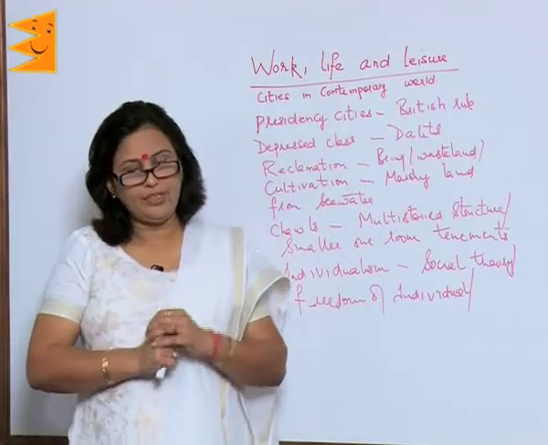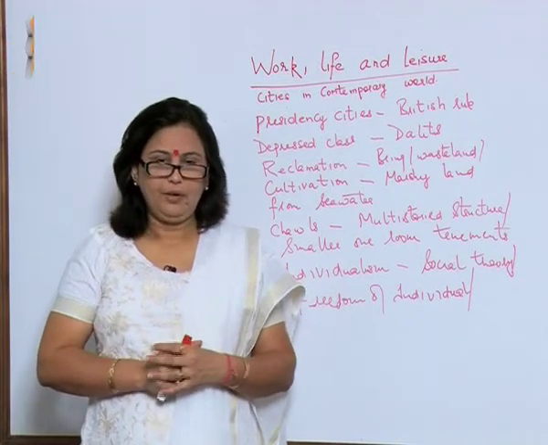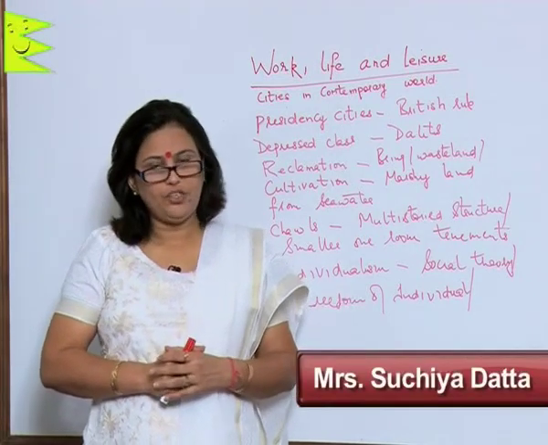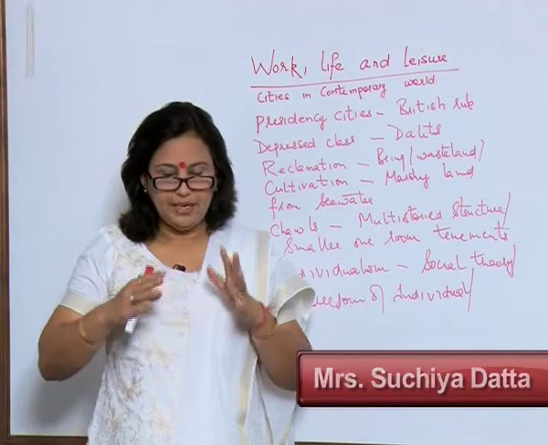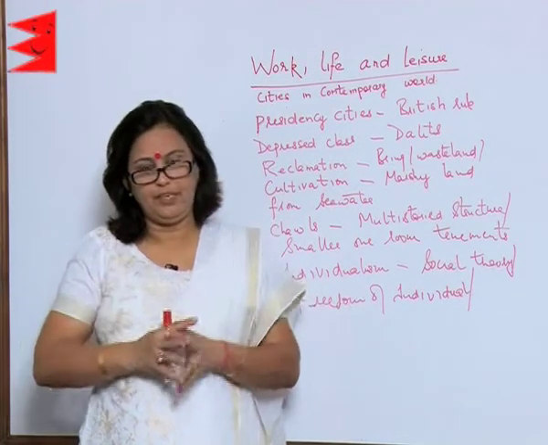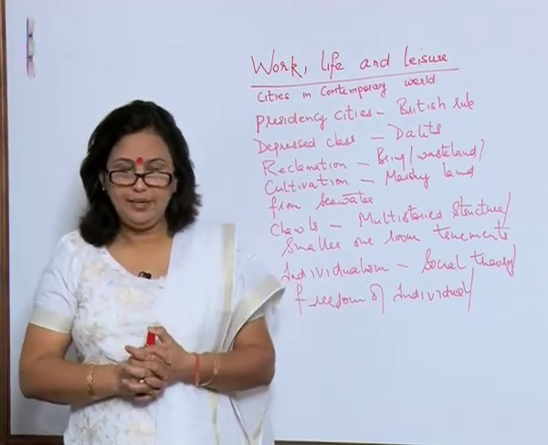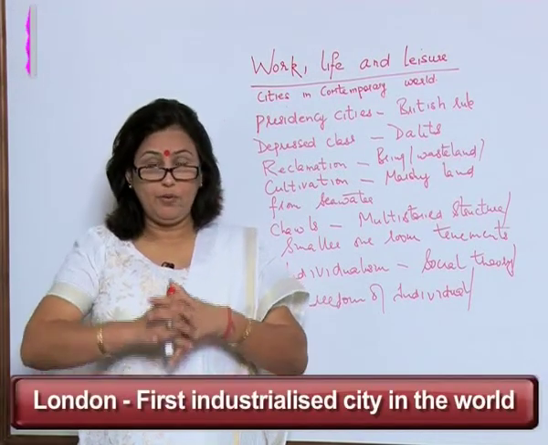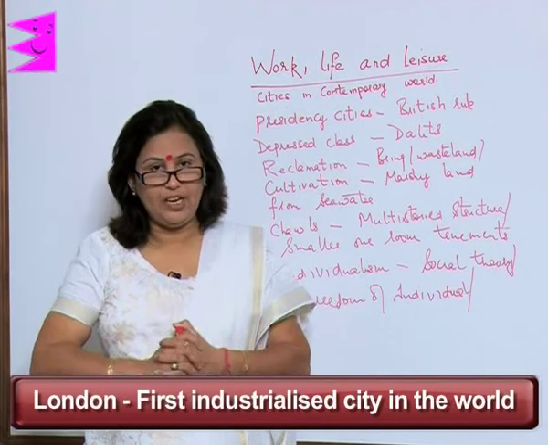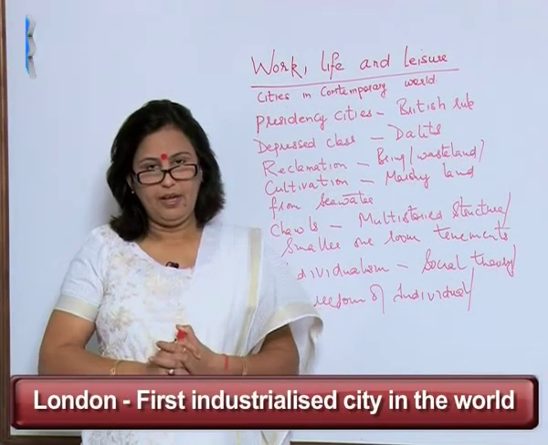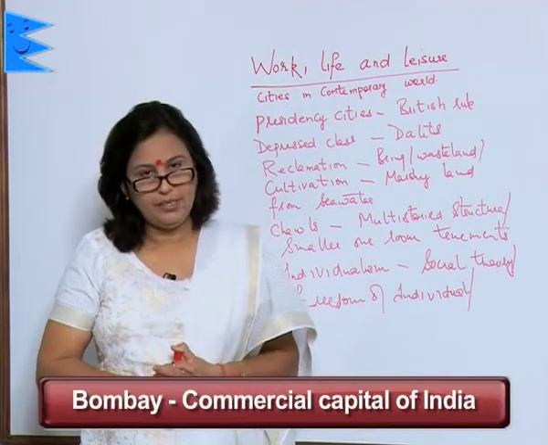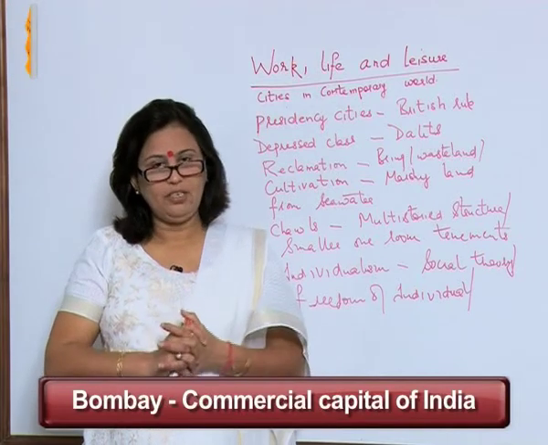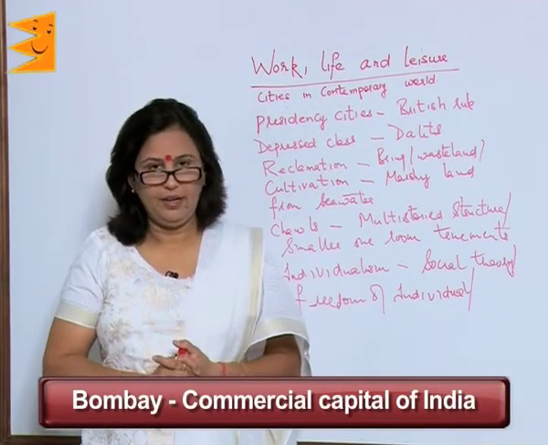In this process of urbanization that we shall be talking about in the chapter, we will be seeing two major cities of the world, that is London and Bombay. London, because it was the first industrialized city in the world, and Bombay, of course, because it is the commercial capital of India.